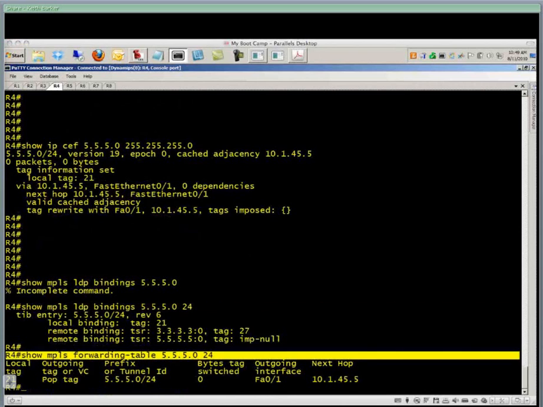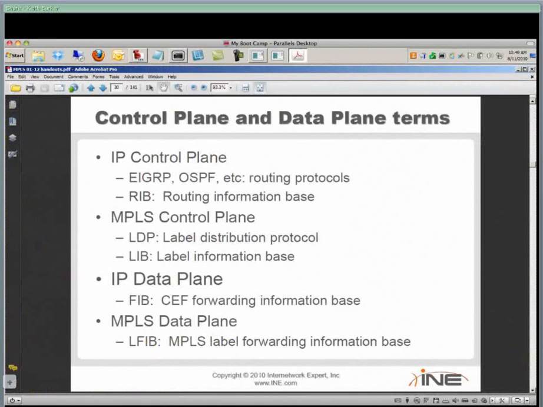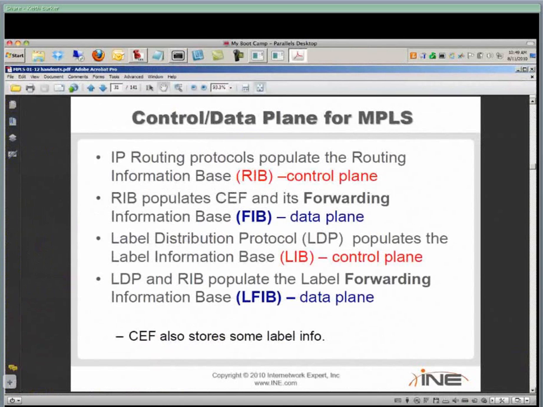So let's take a look at a review of these pieces, make sure we're all comfortable with them. The IP routing table is the routing information base for IP, and the RIB information goes into the CEF table, which also has an adjacency table, all pre-calculated so that forwarding can be extremely fast. CEF and FIB make all that happen for IP. FIB also is incorporating the labels from the LDP process.